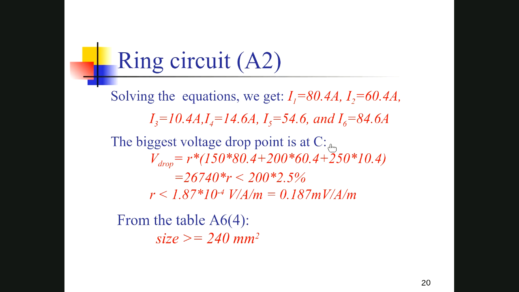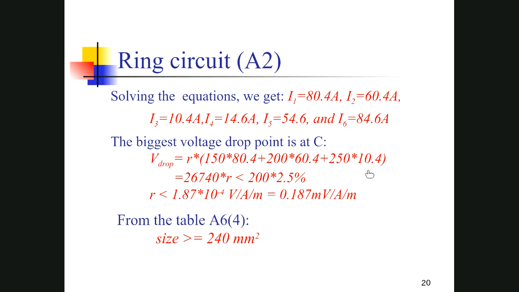So the biggest voltage drop point is at load C, which can be estimated with part 1, 150 meters long, with the current I1, part 2, 200 meters long, with the current I2, and part 3, 250 meters long, with current I3.